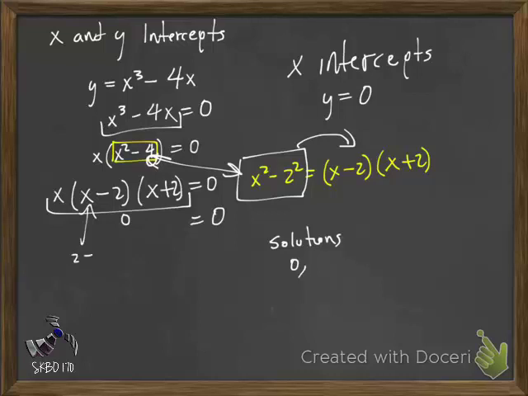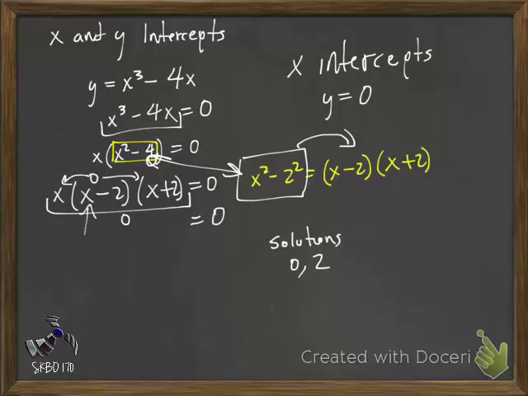That will be 2, because 2 minus 2 is equal to 0. So everything inside this parenthesis will be 0, so 0 times x will be 0, and 0 times (x plus 2) will be 0. So another solution is this 2.